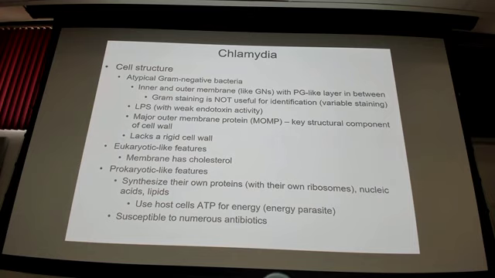In terms of prokaryotic-like features, they do still make their own proteins, but again, they have that 70S ribosome. They are sensitive to antibiotics that would target protein synthesis. So, you guys remember any of those antibiotics that we talked about that target the 50S subunit or the 30S subunit?